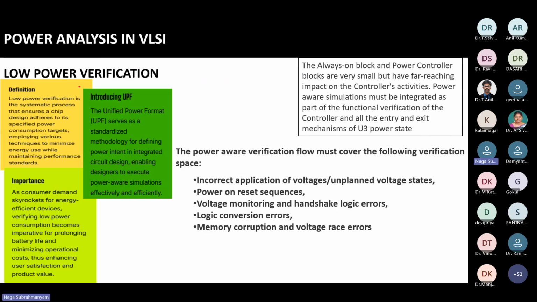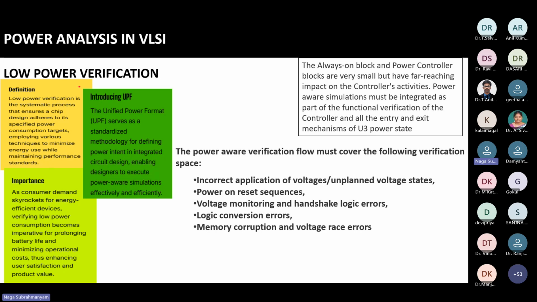Okay, so now as soon as the system is in low power, this is low power verification. Are we able to optimize this low power or not? See, the chip's requirement of power is very less, right? We need to see whether that is happening properly or not. Okay.